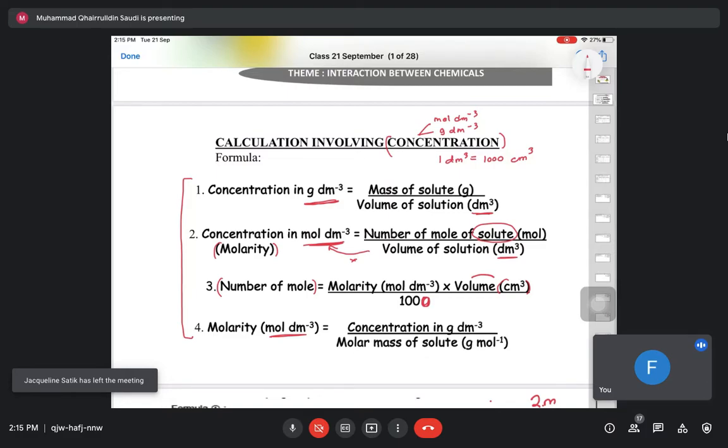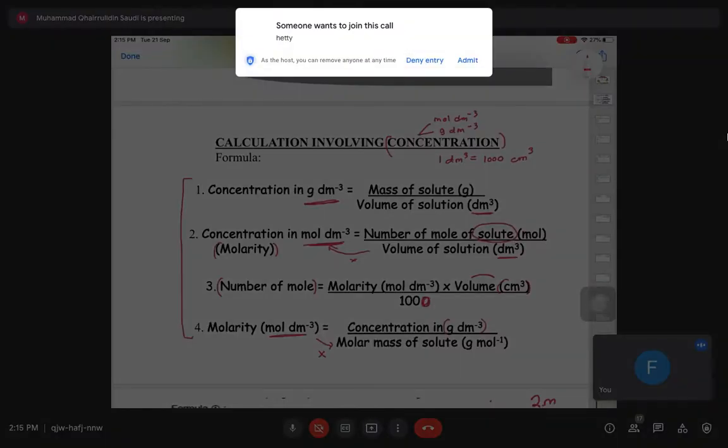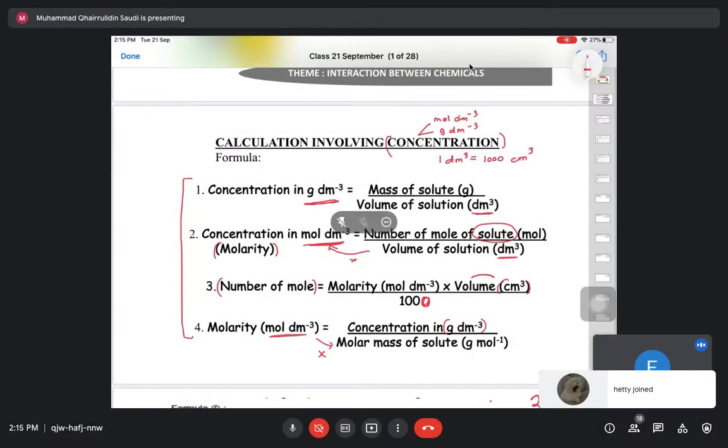If the question wants the concentration in gram per dm cube but it's given the molarity, then you take the molarity times the molar mass of the solute, and you will get the concentration in gram per dm cube. So that is a quick recap of all the formulas that will be used in our discussion today. If you have a problem involving concentration, these are the formulas you will need to know.